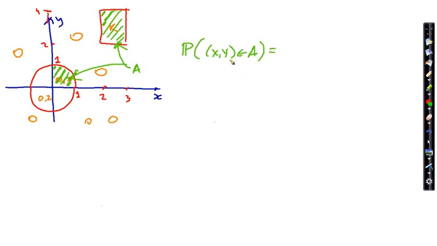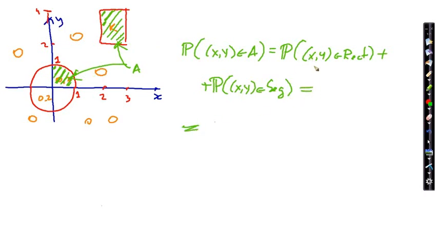So the probability is equal to the probability that my point xy is here, or the point xy is here. So I can separate: probability that xy is in the rectangle plus, because we have disjoint cases, the probability that xy is in this segment.